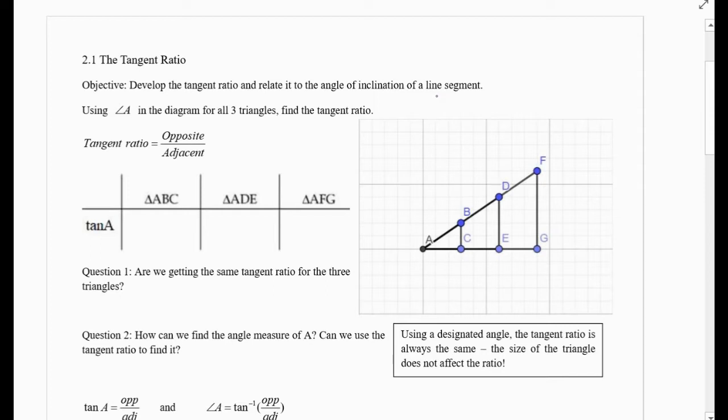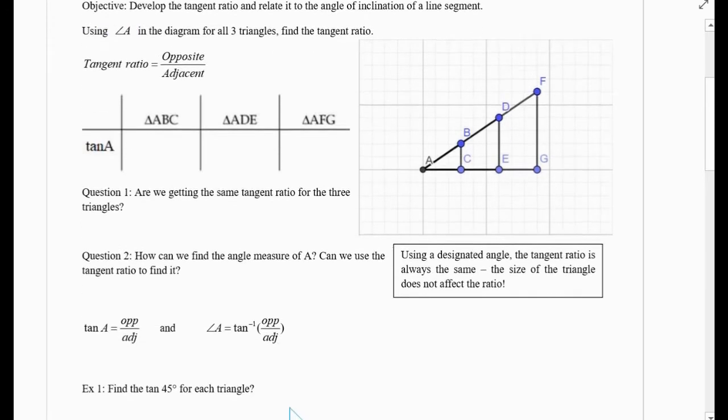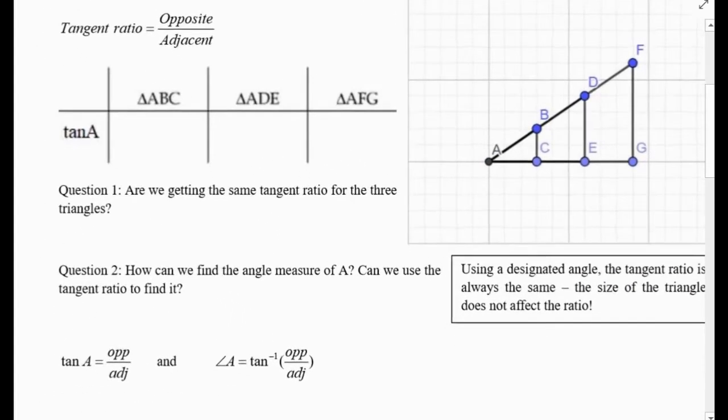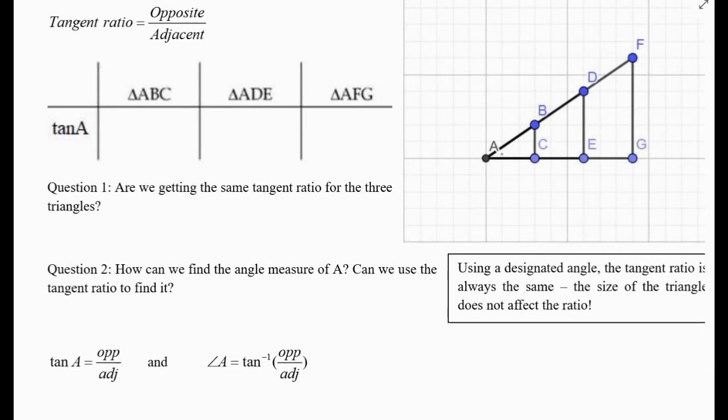Alright everyone, using angle A in the diagram for all three triangles, find the tangent ratio. We're going to use angle A to solve the problem, and we'll find the tangent ratio of ABC first.